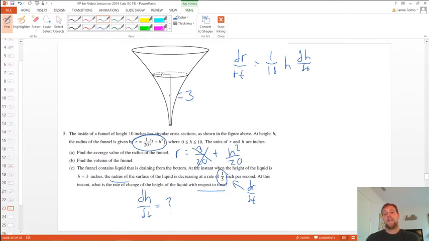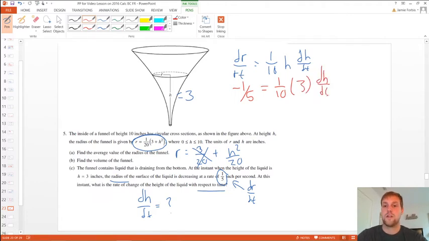Then we just plug in everything we know. It told me that dr over dt is 1/5, and that's negative 1/5 because it is decreasing, so it's a negative rate. It's 1/10 times h, which was 3, and we're solving for dh over dt.